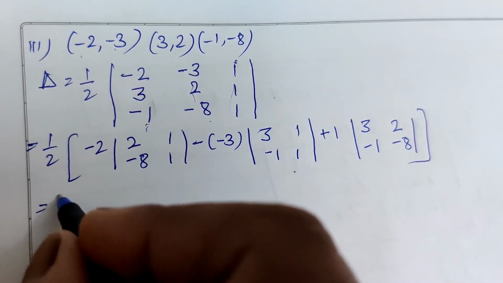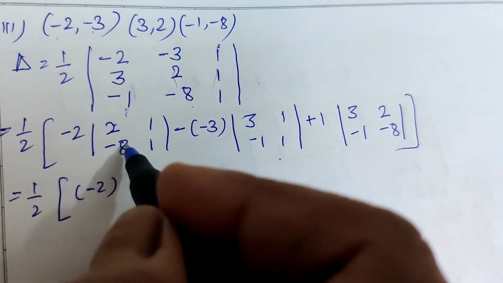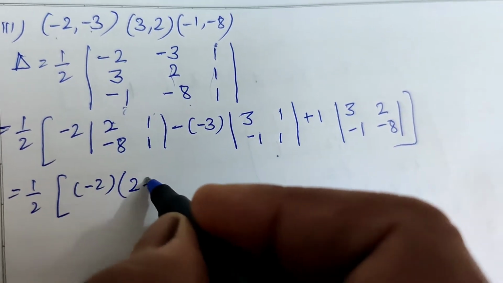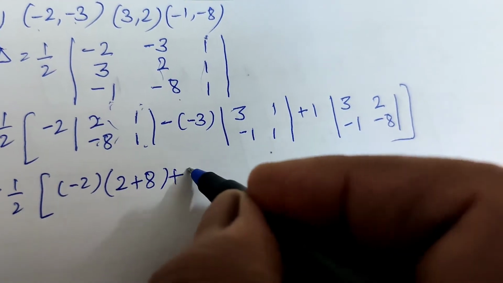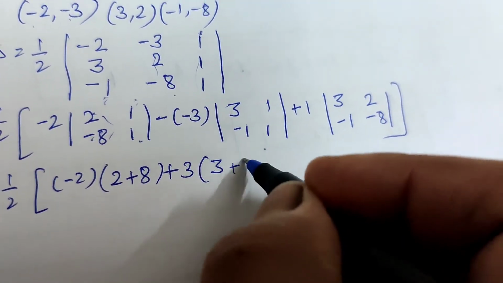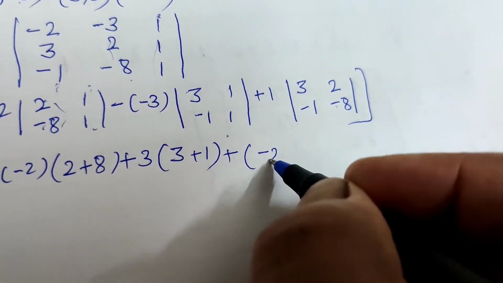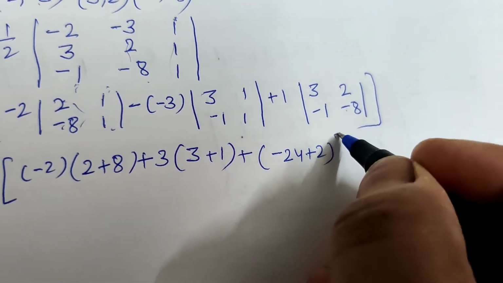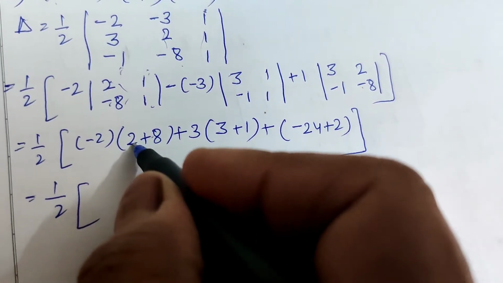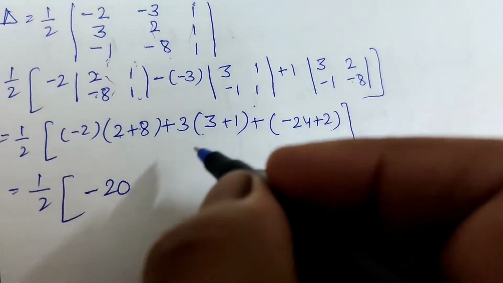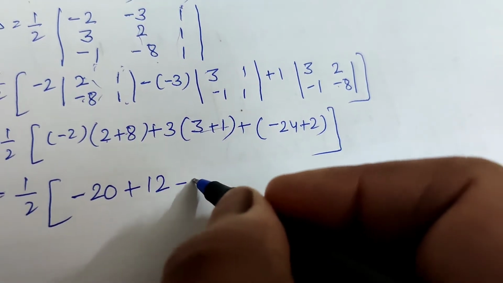Now solve. 1 by 2 times minus 2 into (2 plus 8), cross multiply with minus and plus signs, plus 3 into (3 plus 1), and 1 into (minus 24 plus 2). 8 plus 2 is 10, minus 2 into 10 is minus 20, 4 plus 4 into 3 is 12, and minus 22.